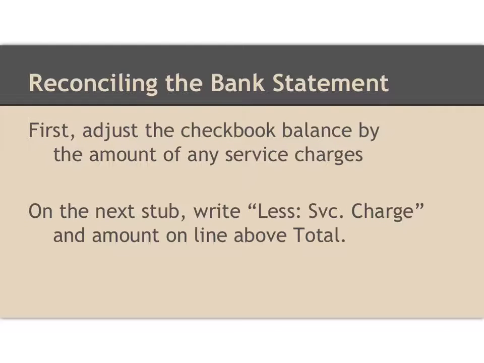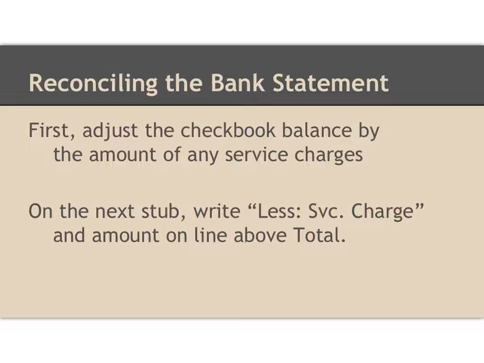First things first, we're going to take care of that service charge. So go to the checkbook, and on the next check stub, you're going to write less service charge, and you can abbreviate service SVC. You can abbreviate charge as CHG.